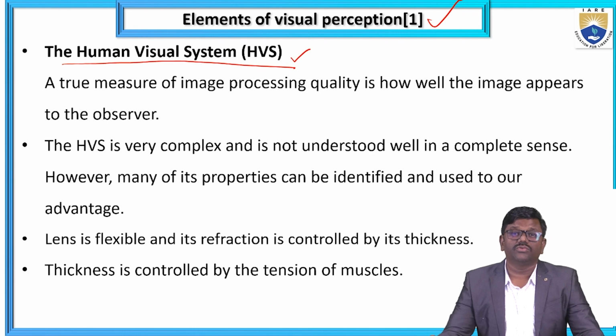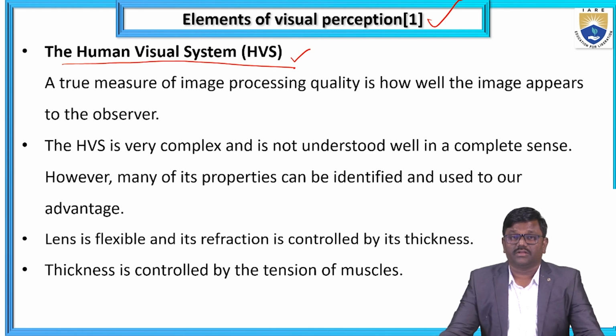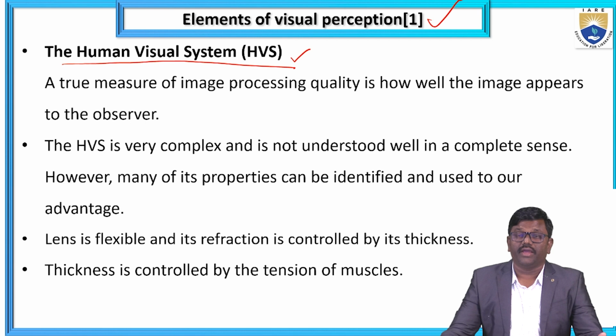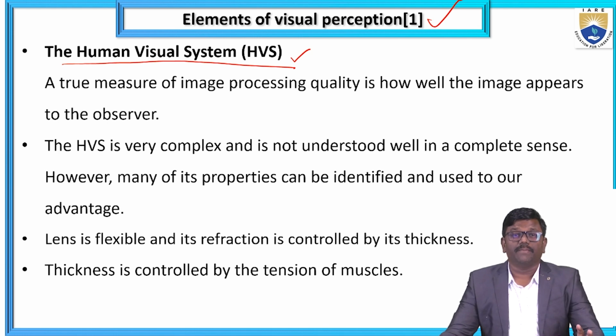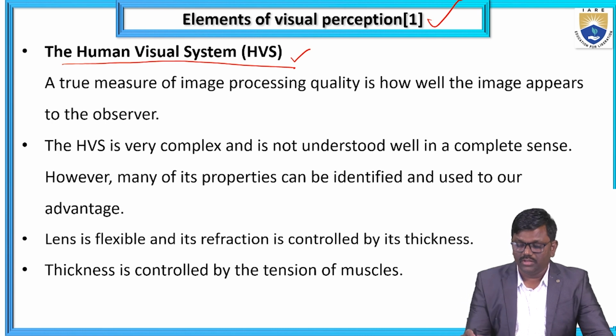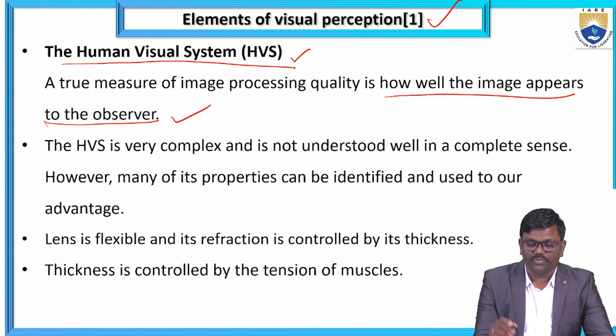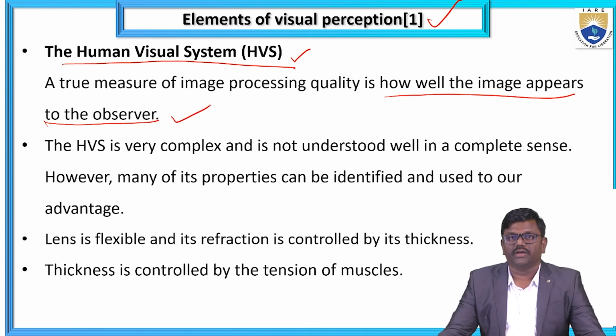The human visual system means that a true measure of image processing quality is how well the image appears to the observer.